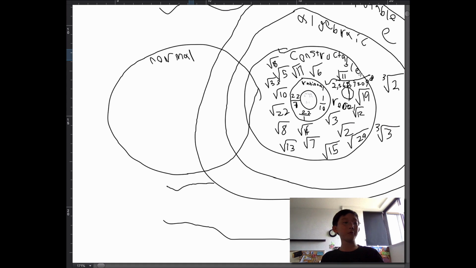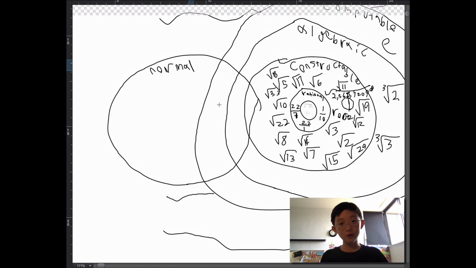Cube root 4 would be normal if you could find any number in it. But we haven't proved those things yet. But here's one interesting fact. We have proved that this number, which is known as C, is normal, and that goes into the computable numbers.